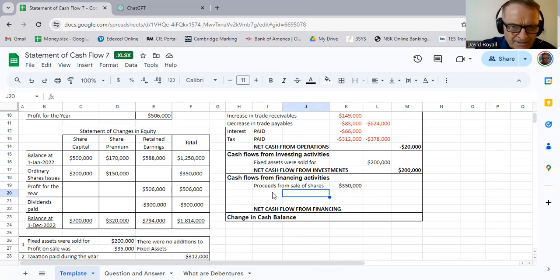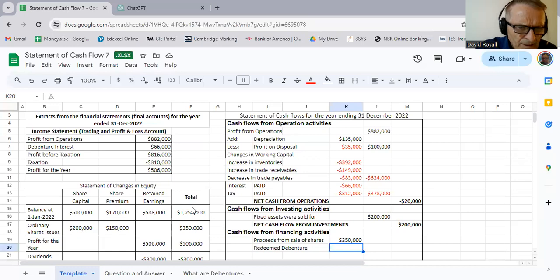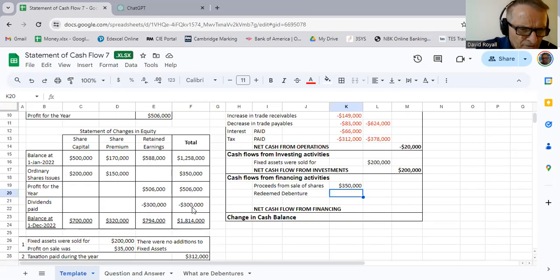But we paid back some of the debentures. Now, a debenture, it's money borrowed, very important. So we've paid back some of our debentures. And we've got to look at that.